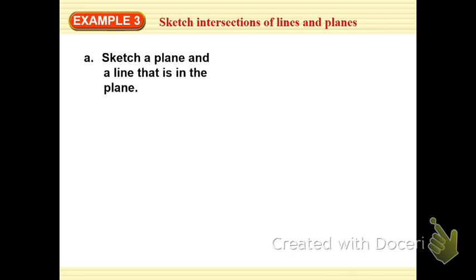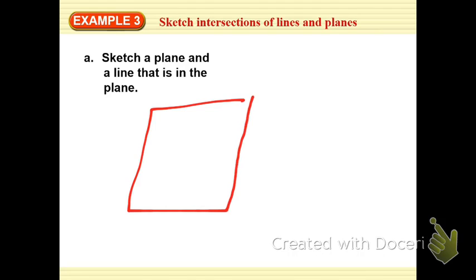Okay. Sketch a plane and a line that is in the plane. If I sketch a plane, I'm going to draw a four-sided shape. And then a line in the plane would be something that looks like that. That is a plane and a line in the plane.